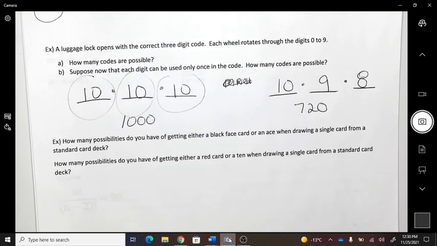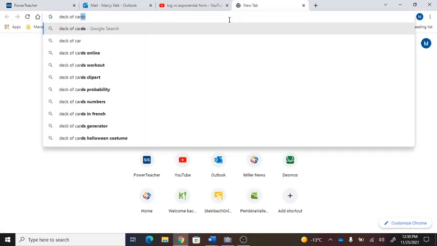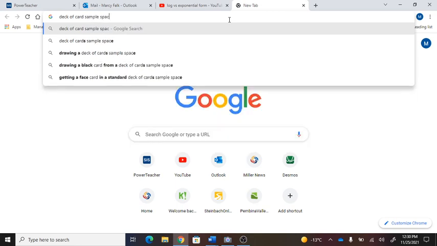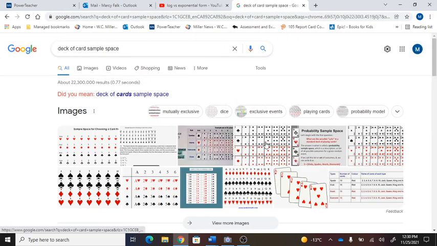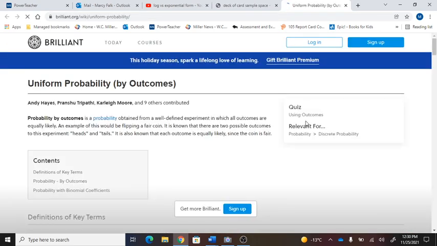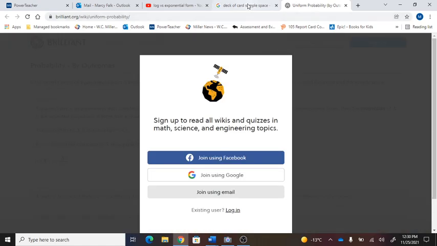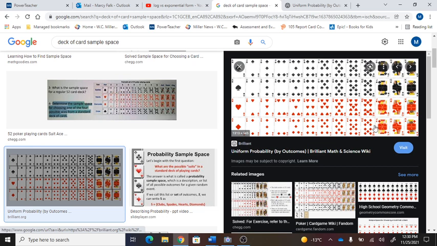Okay, cards. Do we know our cards? How many suits do you have? Suit is like a heart, a diamond. What do you have? You know your cards.